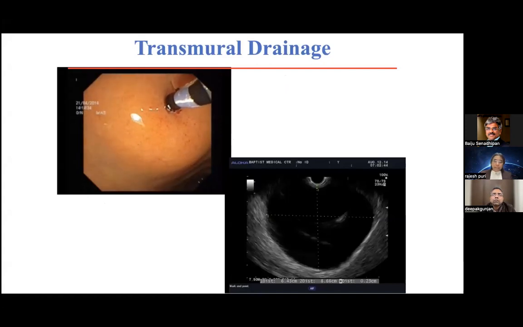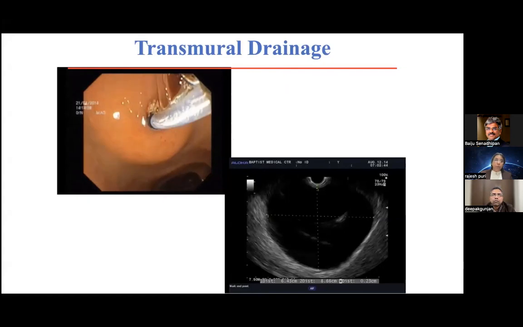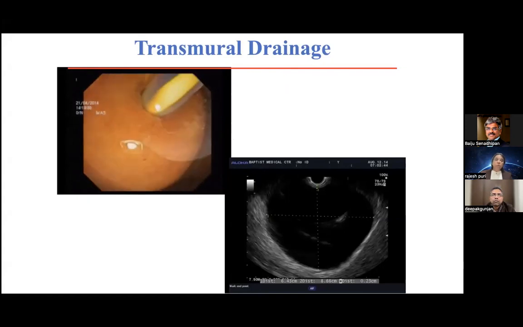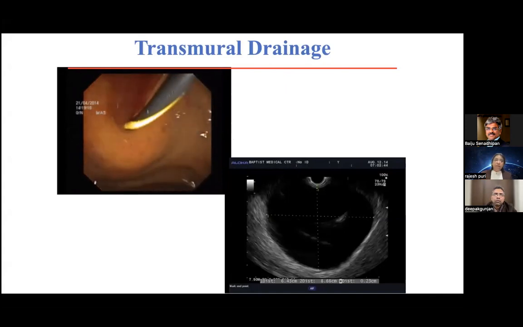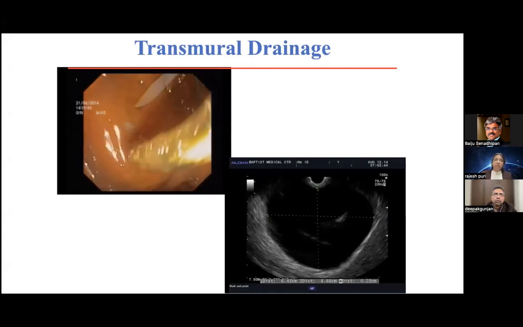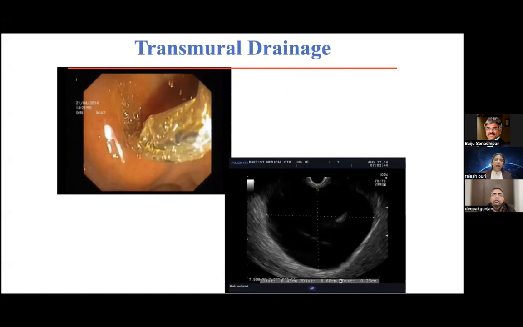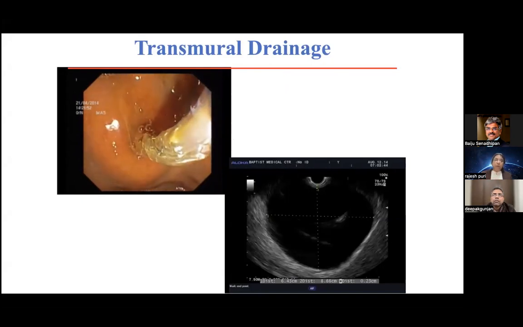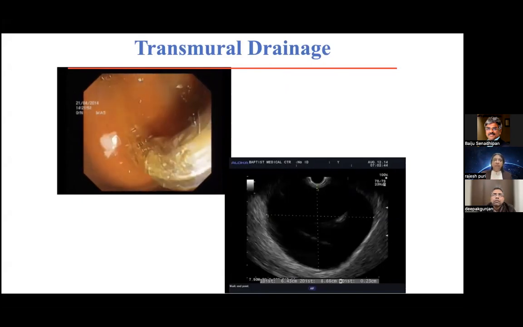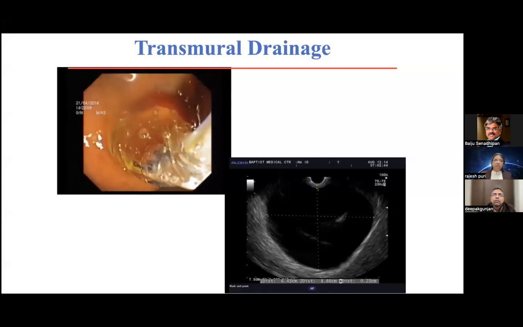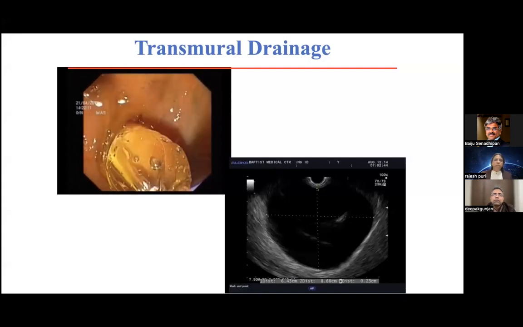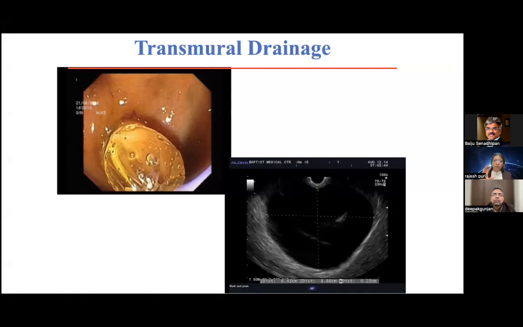So this is an example. I know that as an endosonologist, I'm showing it with the help of ERCP. The main reason for showing this is that I was also doing ERCP-guided pancreatic fluid collection drainage 10 years ago. Even if the luminal bulge is there, there is a risk of complication in the form of perforation and bleeding.